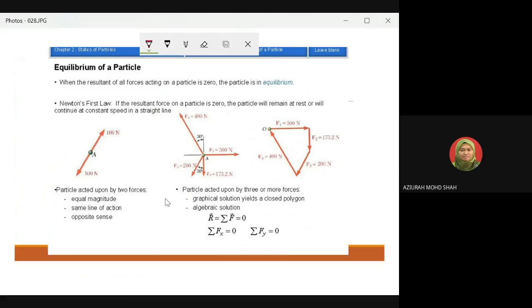Okay, so kita akan gunakan summation of Fx equal to 0, summation of Fy equal to 0. Maksudnya resultant dia pun mesti 0. Dia cannot x ada nilai, y kosong. No. It means you have resultant dah. So FR kosong, automatically semua akan kosong. X kosong, y kosong.